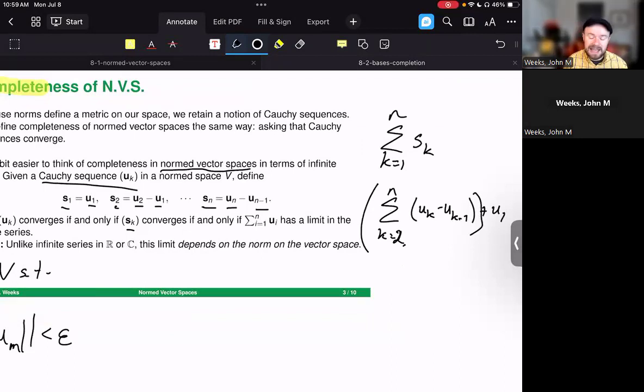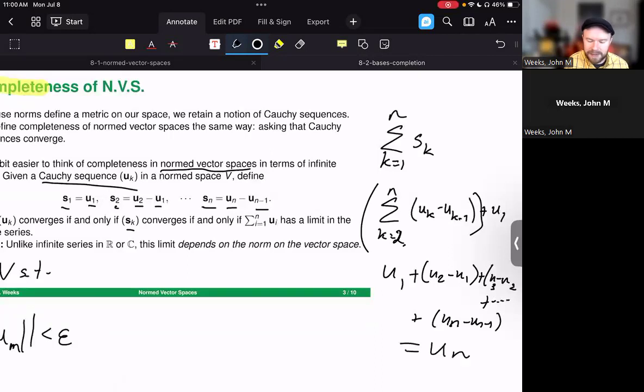If I look at what this forms, this becomes a telescoping sum: U1 plus U2 minus U1 plus U3 minus U2 plus dot, dot, dot, plus U sub n minus U sub n minus 1. That telescoping sum is just going to give us U sub n. So this sum, as k goes from 1 to n of this series, is U sub n.